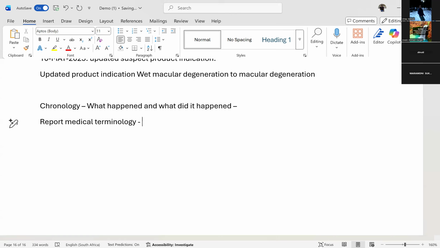We should try to use MedDRA terms for better understanding. And the link of the product and the event should be clearly specified, like whether the event was related to the drug.